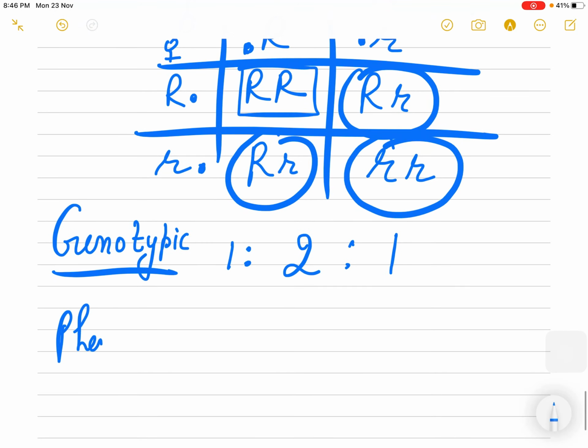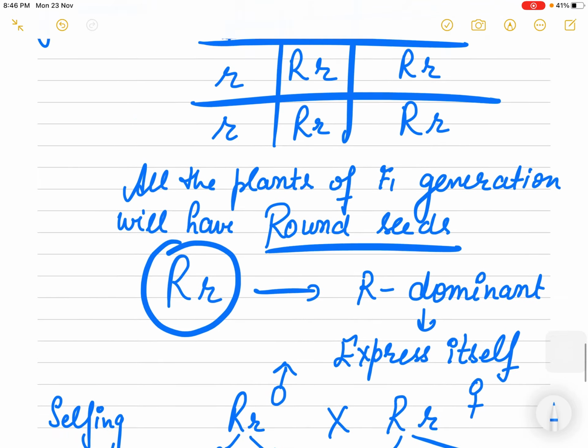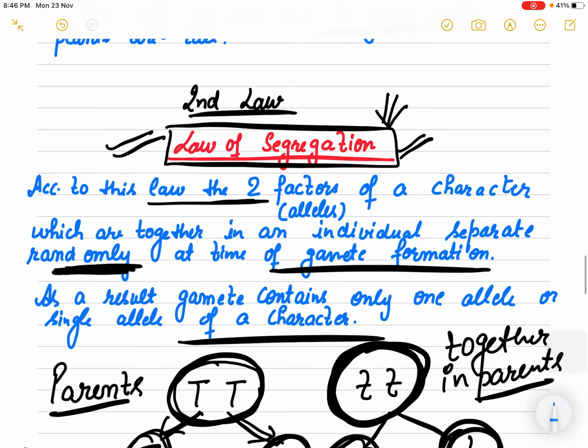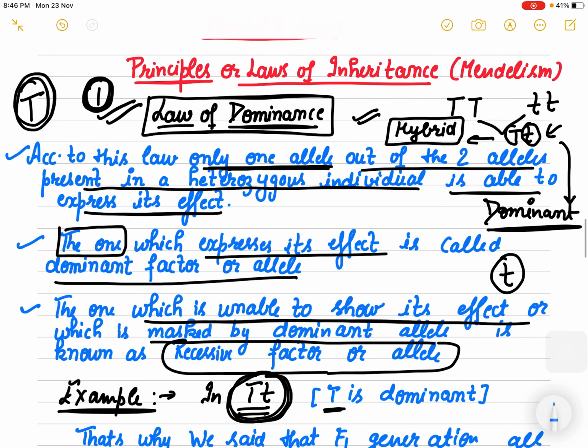And what will be the phenotypic ratio? If I look at them from the outside, for me this is round, this is round, this one is also round. These three are round, but this is wrinkled. So the ratio will be 3:1. So that is all about your monohybrid cross and two laws, the law of segregation and the law of dominance.